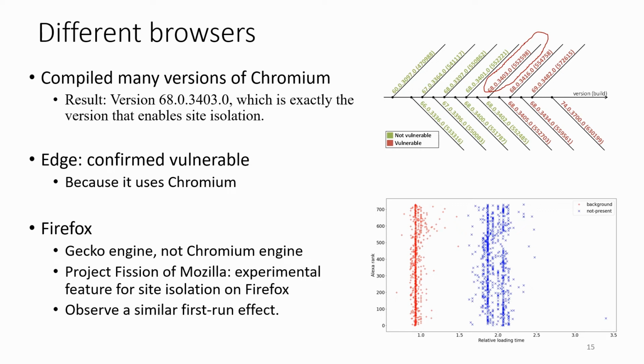Edge is confirmed vulnerable because it uses Chromium. Firefox is a little different. It uses the Gecko engine, not Chromium. Project Fission of Mozilla is an experimental feature for site isolation on Firefox.